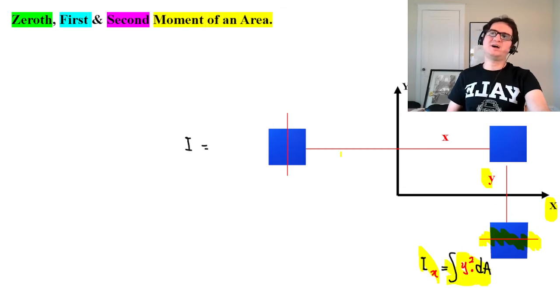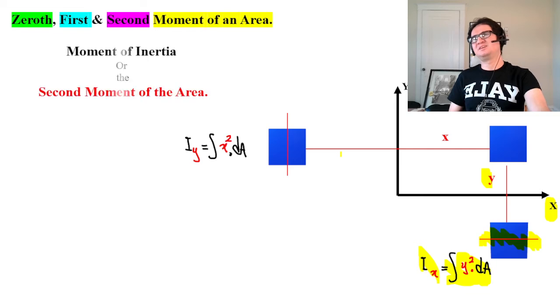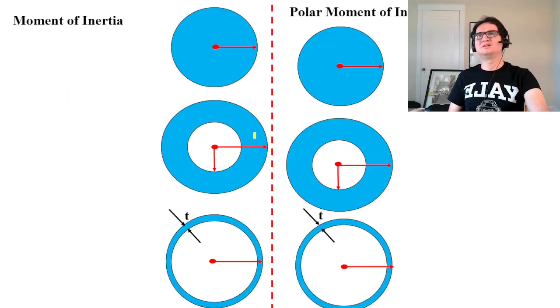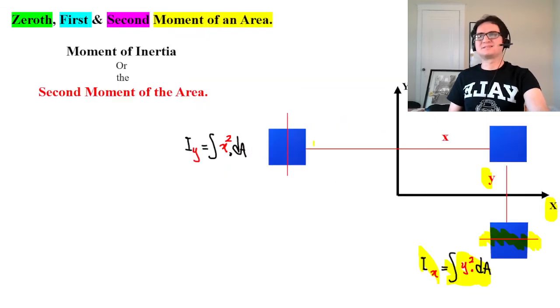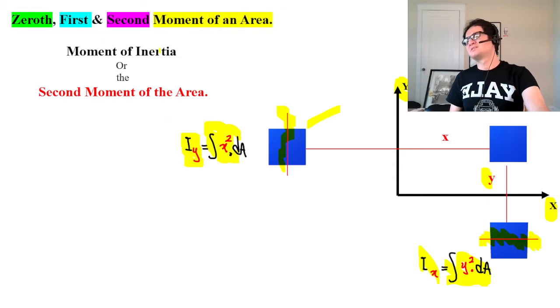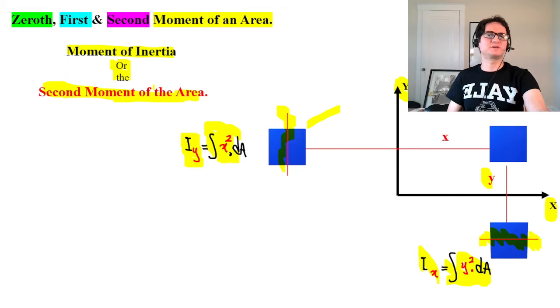If you want the sample in revolution about the y-axis, that's Iy, the integral of x squared dA. So that's the moment of inertia, or the second moment of an area. You can call it both ways.